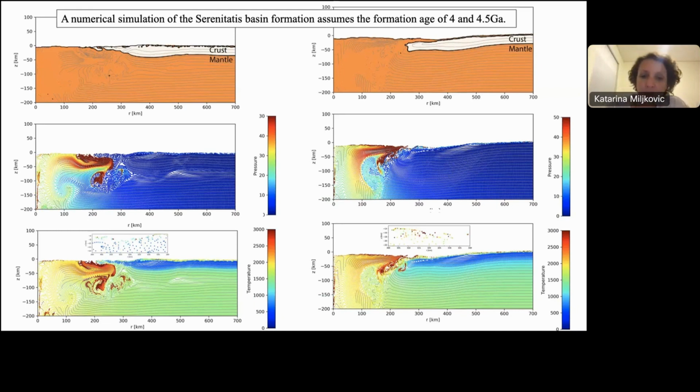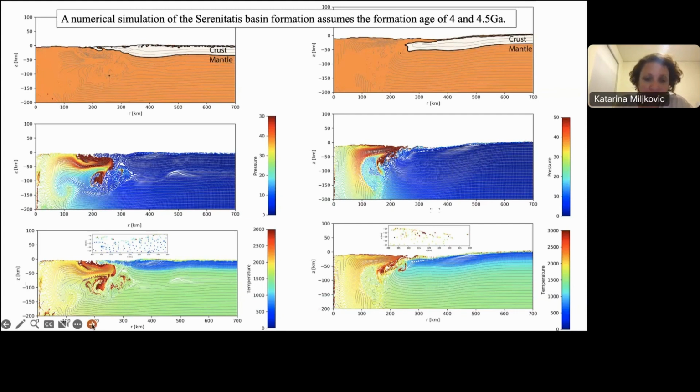The point is, what we're trying to look at is basically the edge of Serenitatis, somewhere around 300 to 340 kilometers away from the impact point. So kind of like here, I don't know if you see my cursor. That's the region that we would zoom in on and look at the breakdown of peak pressures and peak temperatures, and whether that makes sense with respect to what has been seen in the sample.